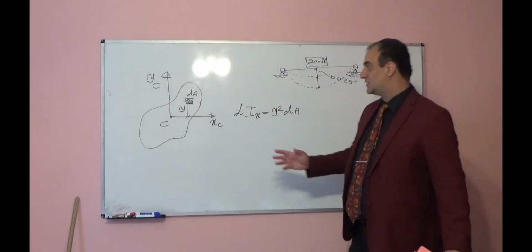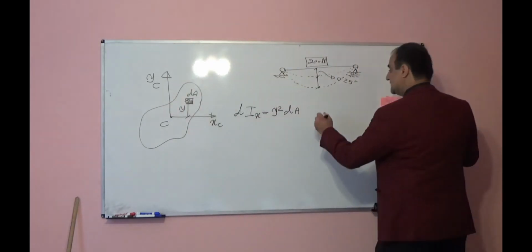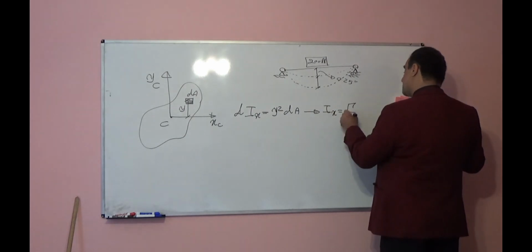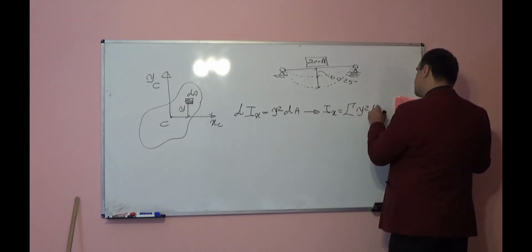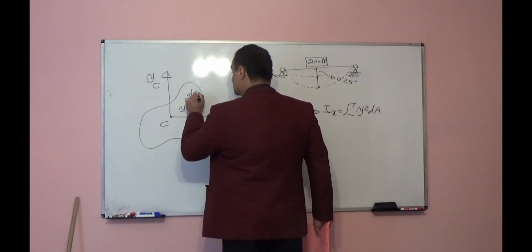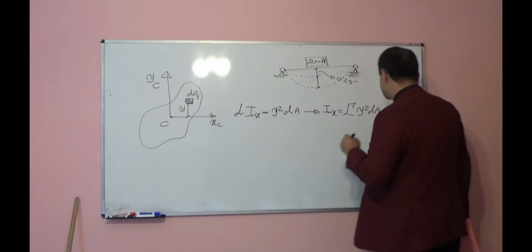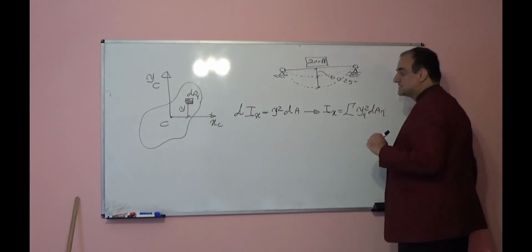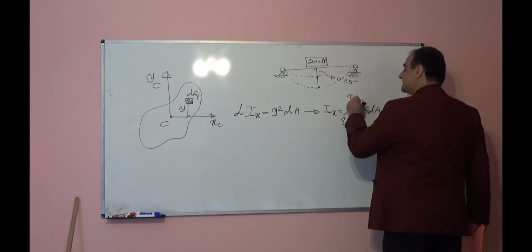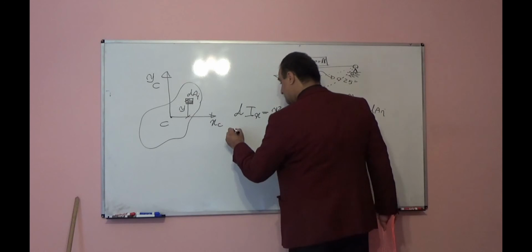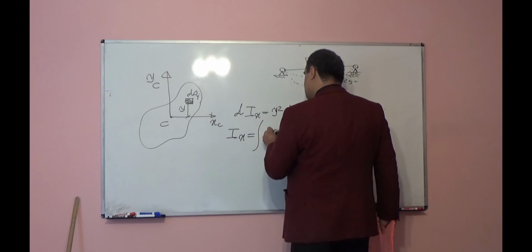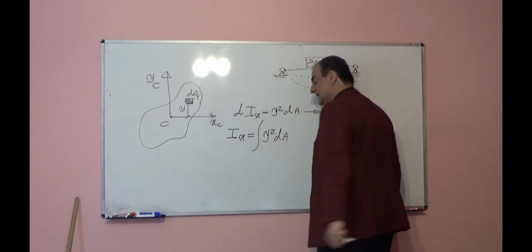If I want to calculate for the entire cross section, I can write Ix is equal to summation of y squared dA. So I will divide this cross section into different segments, each one with its distance up to the x-axis, and i varies from 1 to n. So this means if I want to define precisely, Ix is equal to integration y squared dA.